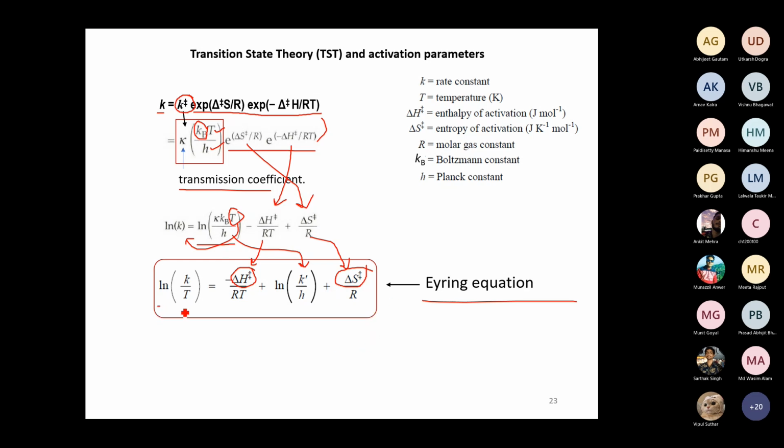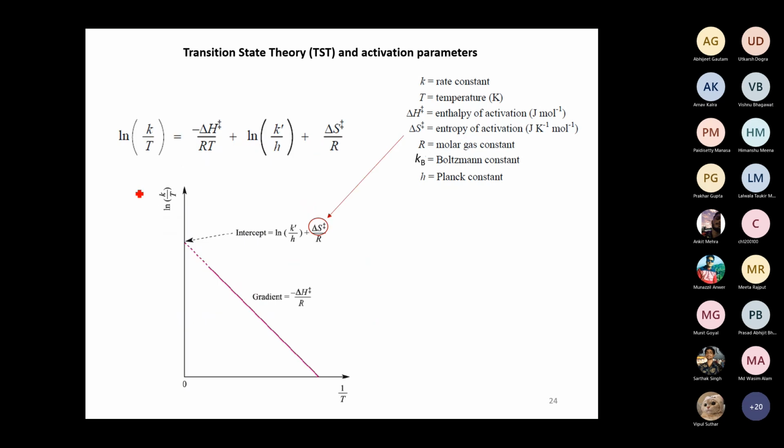If you plot ln k by t versus 1 by t, then it will be like y equal to mx plus c. So if you plot ln k by t versus 1 by t, then you will get a straight line with negative slope.